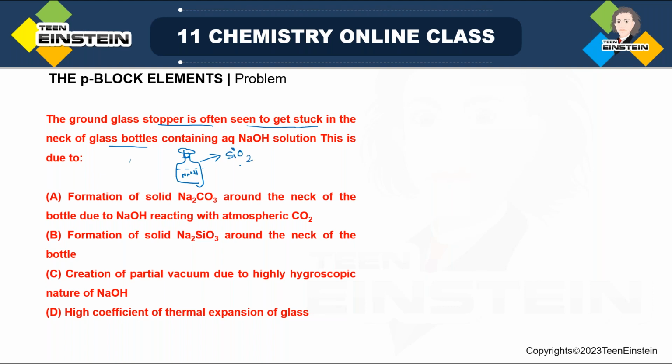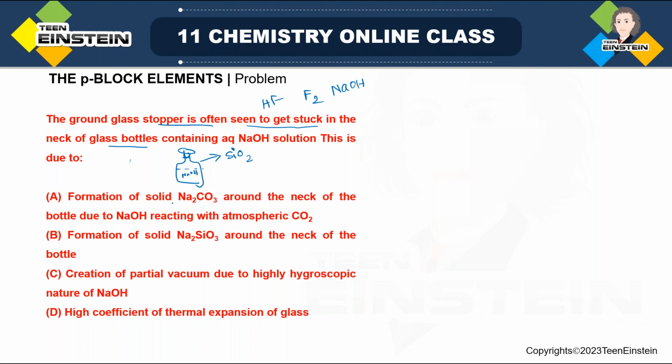And we have seen that SiO2 reacts with 3 specific compounds: HF, then F2, and then NaOH. So this is one such compound with which SiO2 can react, and there is formation of Na2SiO3, sodium silicate. This is the actual reason why the glass stopper is often seen to get stuck in the neck of glass bottles. And we have to find the reason.